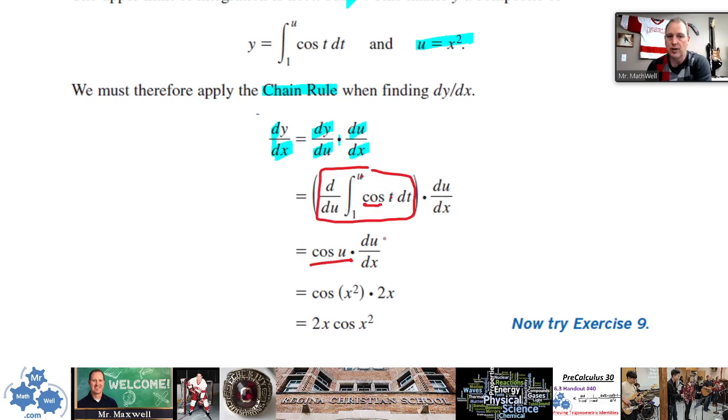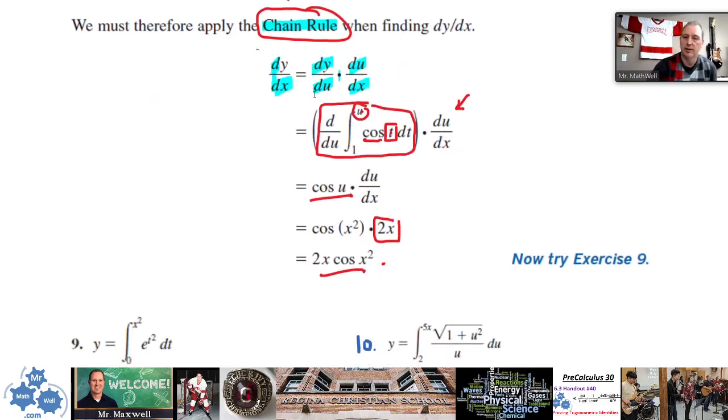But because u is a substitution of a different function, when we differentiate the u part, we actually have to do the chain rule. So it's pretty easy. The x squared goes in for the variable, and then you multiply by the derivative of x squared. That's it. So remember the chain rule if the upper limit of integration is not just x.